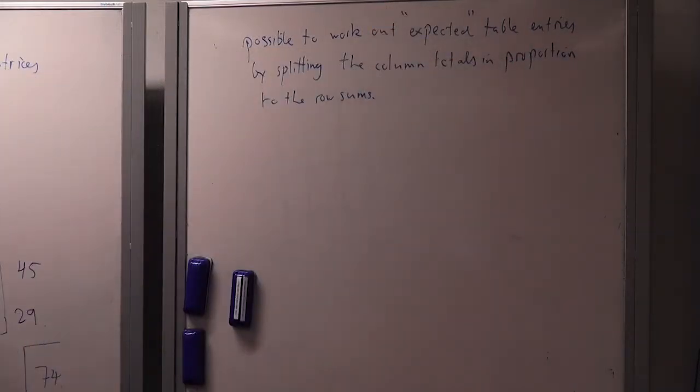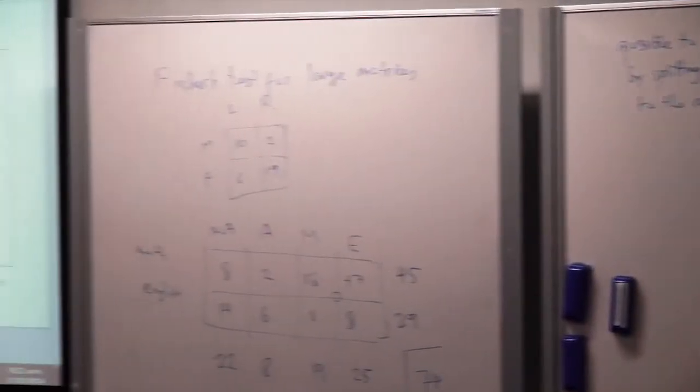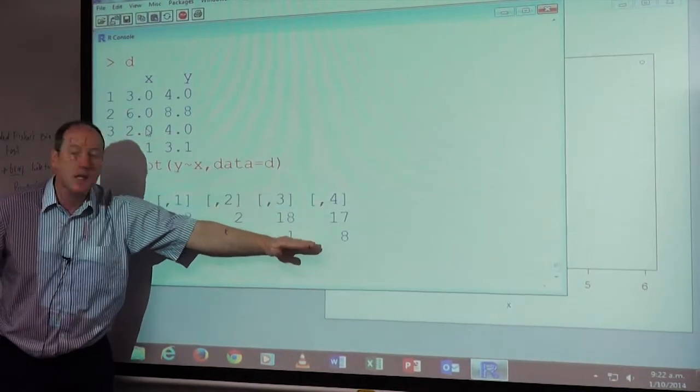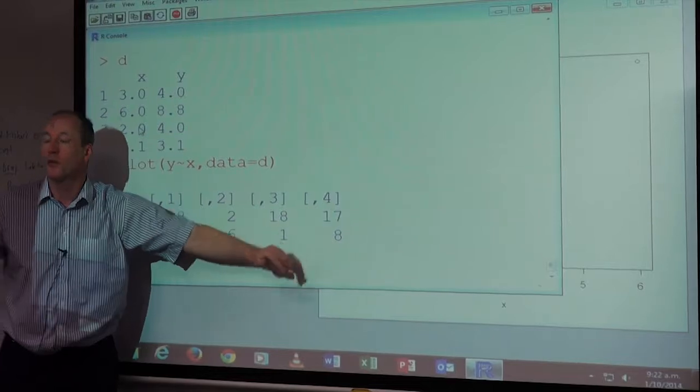Expected on the basis that the null hypothesis is true, which is that the proportions in the multinomial distribution that gave rise to the first 2 rows, or however many rows it is, are the same p's, same p1, p2, p3, p4.